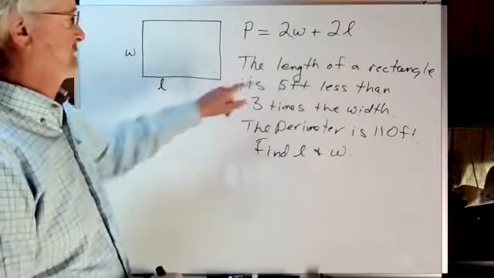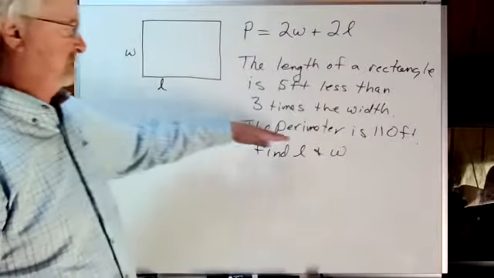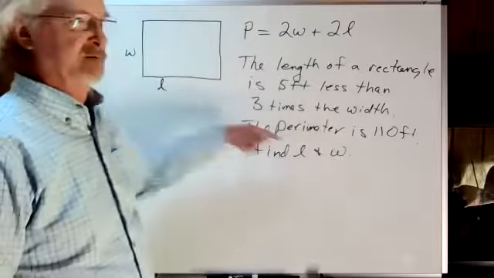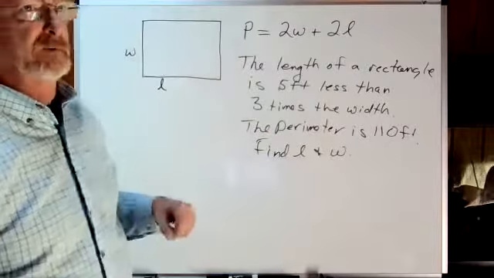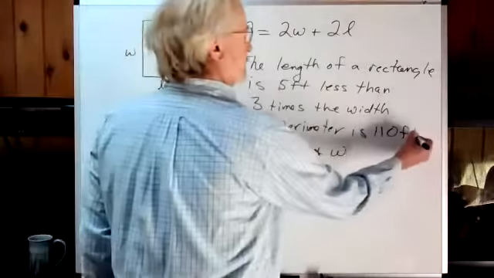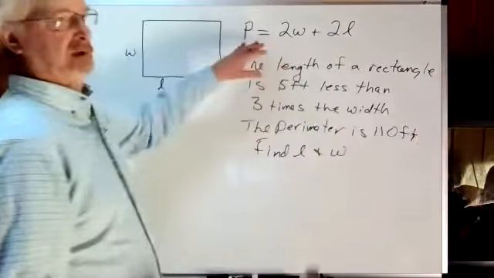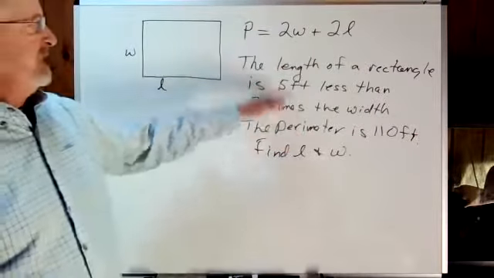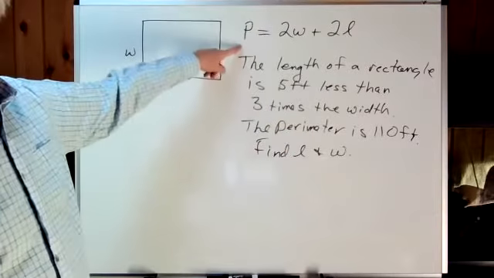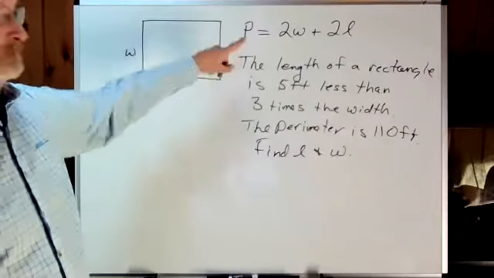The length, well, second last sentence, I said the perimeter, the total, is 110 feet. So we're going to use this formula. And there's the P value. I know that number. I'll plug that in there in a minute.